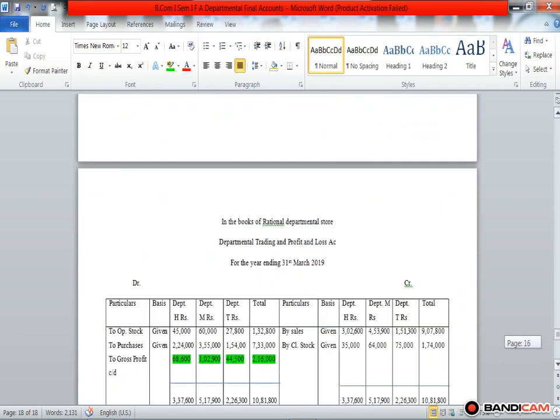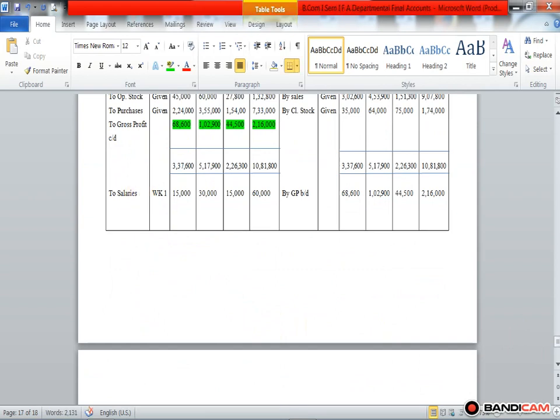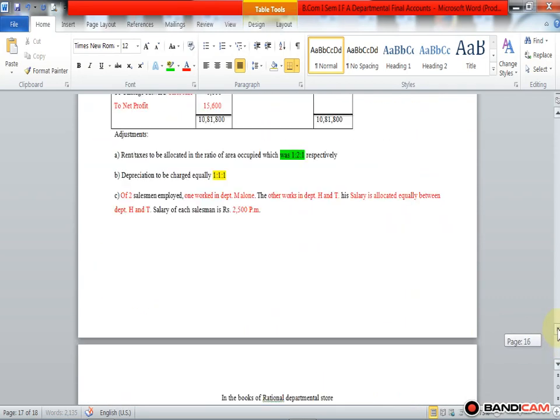Rent and taxes. The ratio of rent, rates and taxes is given as 1:2:1. Here adjustment number first.